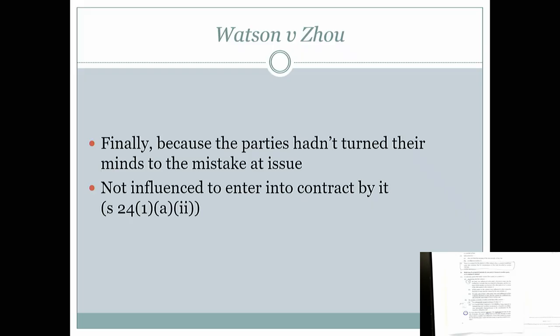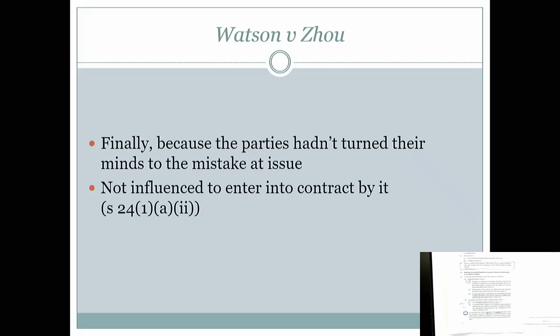According to the Court of Appeal, to be influenced to enter into a contract by a mistake requires you to have thought about the thing or the subject matter or the quality that you are arguing you were mistaken about. The parties would have had to turn their mind to whether or not the house leaked, and they would have had to have said, no, there is no problem with leakiness.